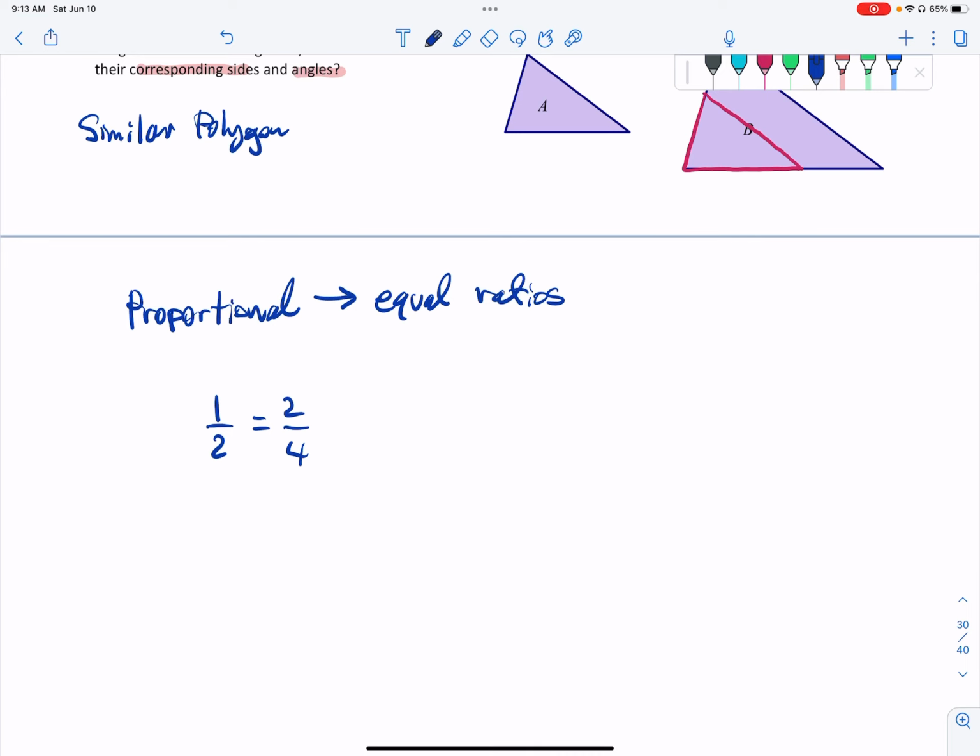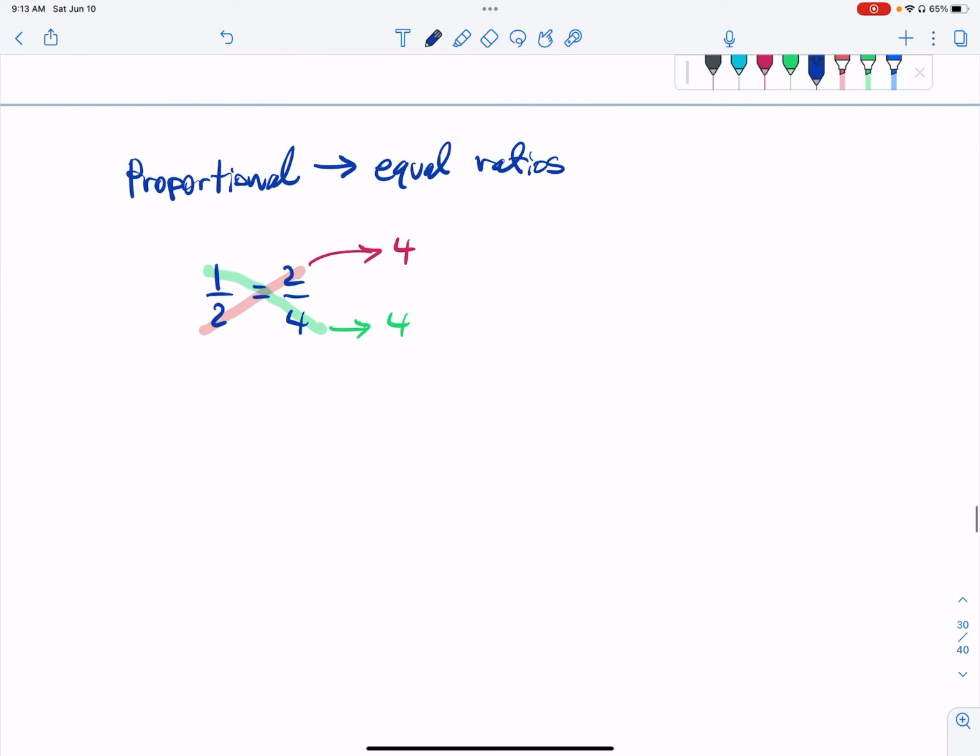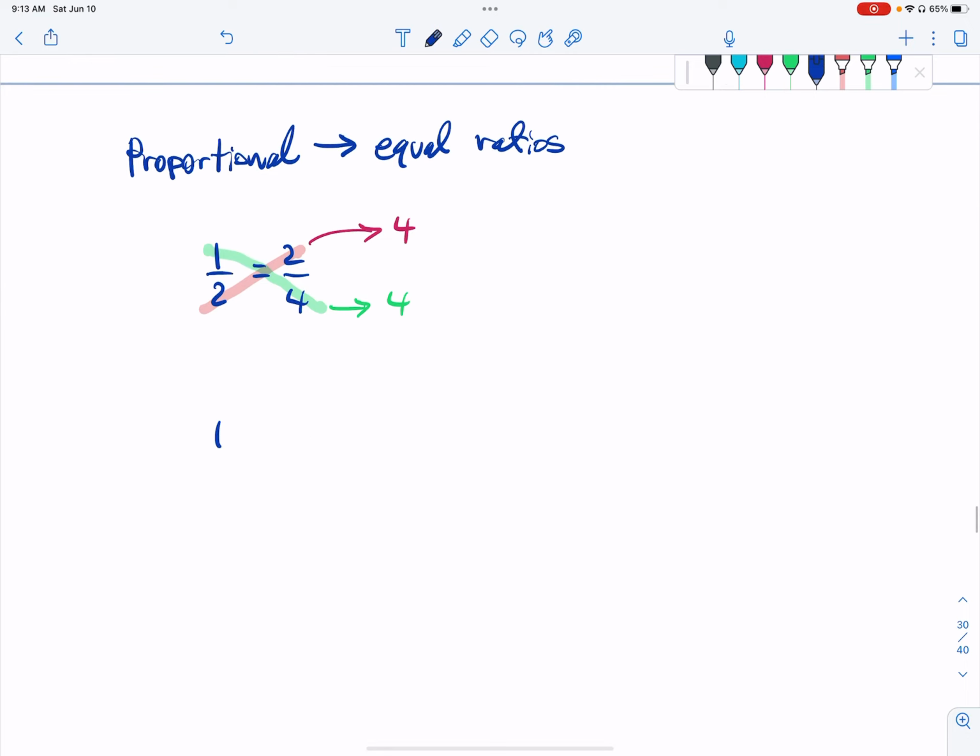Now, the thing that is always true about equal ratios is that the cross products are always the same. So this cross product here, that's equal to 4. And this cross product here, that one's equal to 4 also. So it's always true. It is a fundamental property of any proportion. Let's look at another one, because maybe that was a fluke.